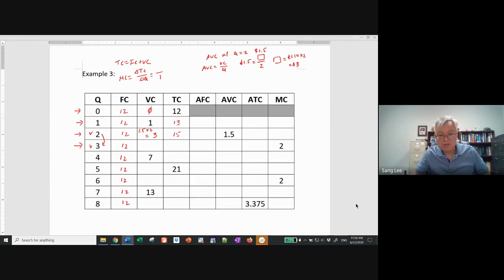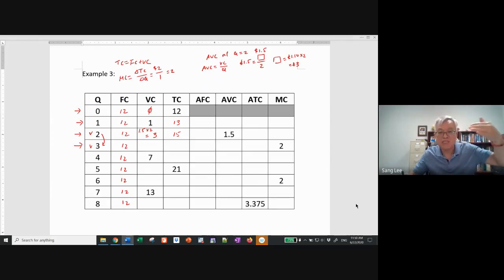Change in total cost is what? Well, we know marginal cost is 2, so change in total cost must be 2.